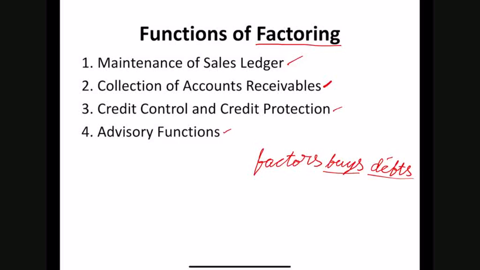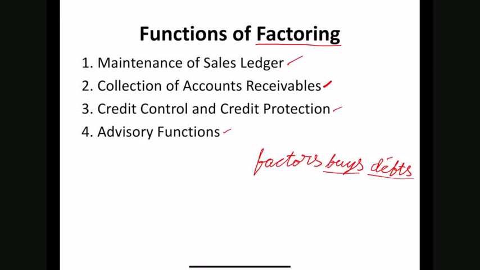This is the third one, and the next one is the fourth, advisory functions. At times factors render certain advisory services to their clients. Since the factor is a specialized person, he provides advisory functions.